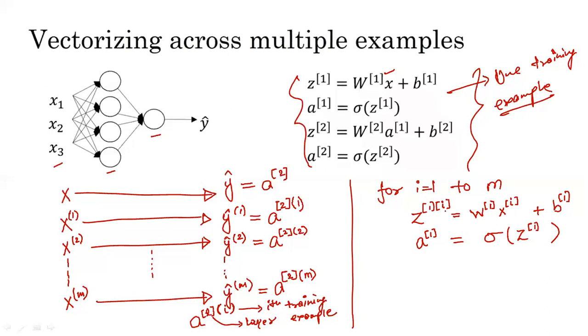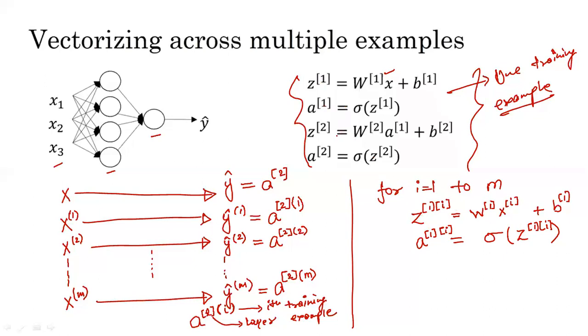This z is coming from the previous equation, so I need to apply this z over here. So I'll again write z1 of i here, because the same is applied inside the sigmoid function, and this would ultimately give us the value of a1 of i. So till now we have represented the values of z1 and a1.